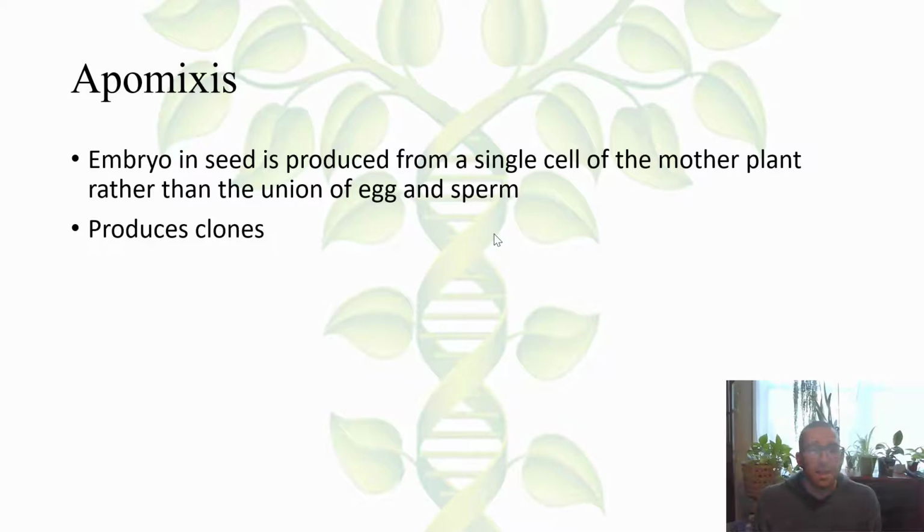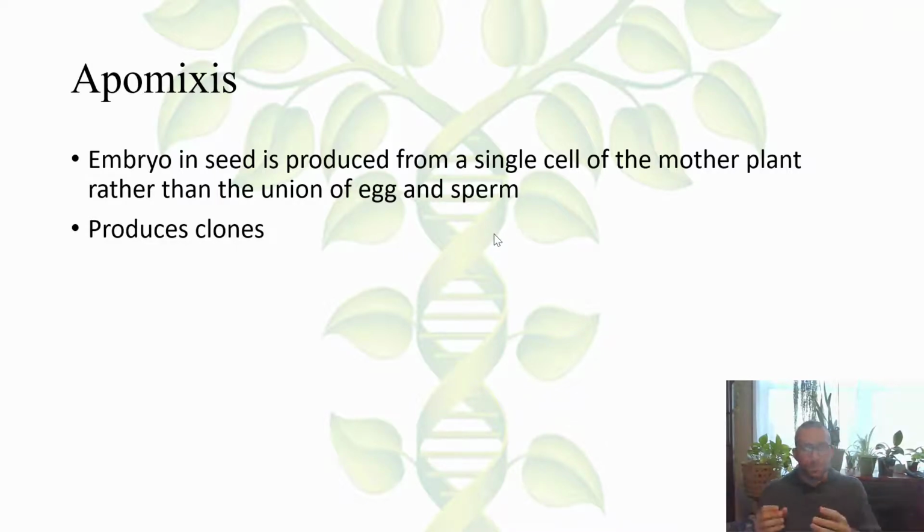Sometimes that doesn't occur, and instead of that union of the egg and sperm forming the new embryo, a cell within that ovule is going to develop into the new embryo. And that is going to be a clone of the mother plant, right?